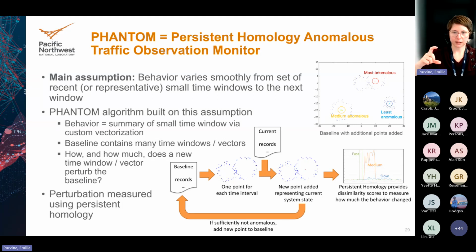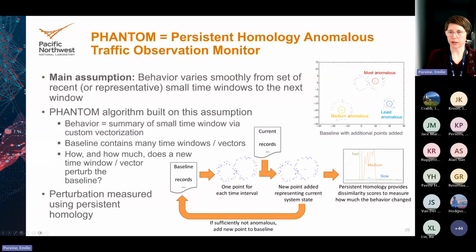And you project these forward and you continue to get new 10-minute time windows and compare the point cloud of yesterday to the point cloud of yesterday plus a little bit of today and see how those point clouds are being perturbed topologically. You can identify when the behavior is shifting, when there's anomalies, and how big those anomalies might be.